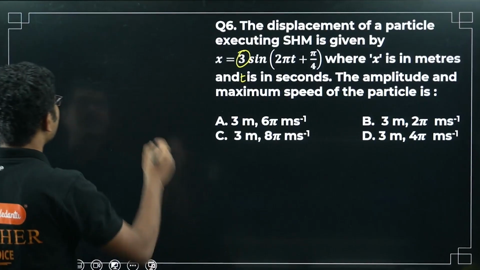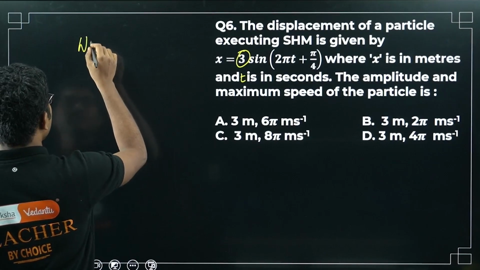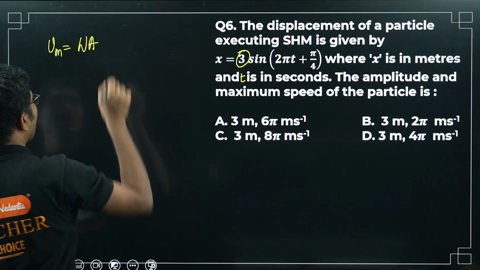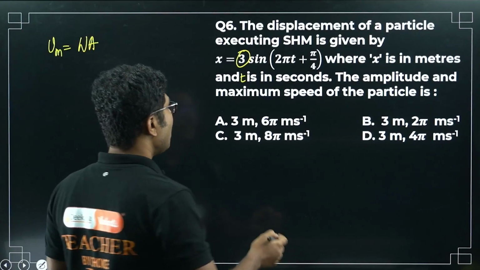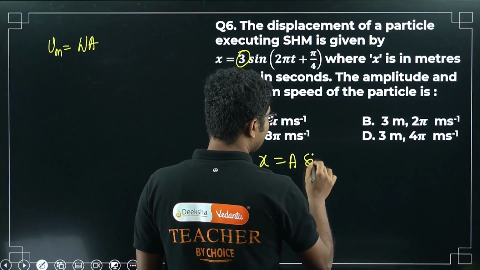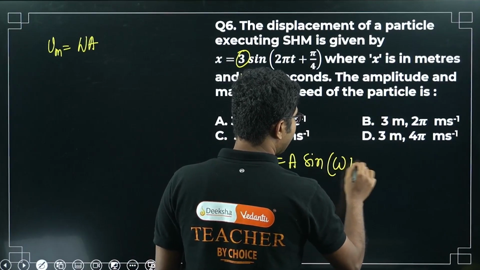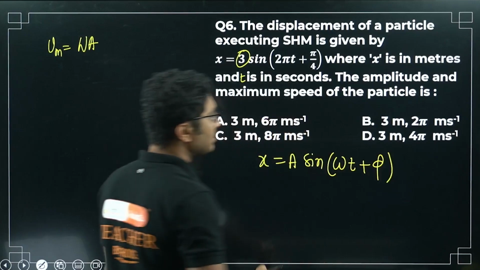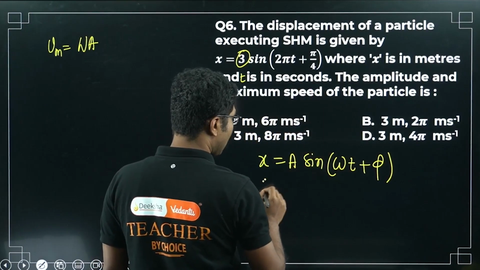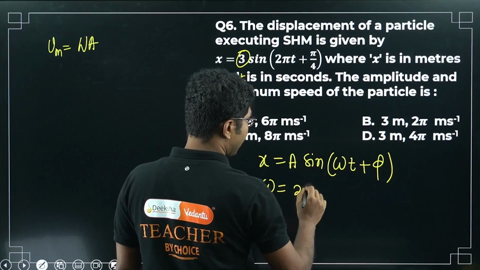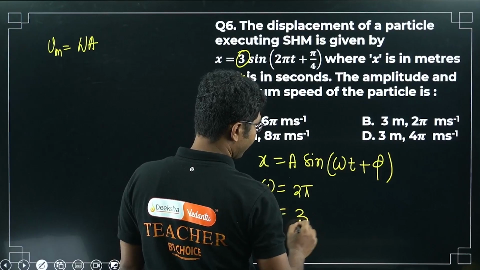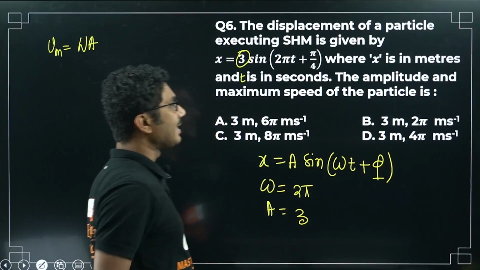So what is the speed? Maximum speed is omega a. So what is omega from this equation? Normally the equation is given by a sin(omega t + phi). If you compare these two equations, you can see that omega is 2π and a is 3, and the phase phi is π/4.